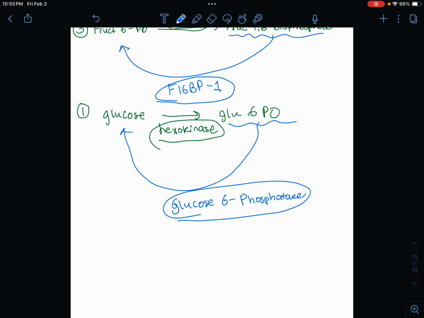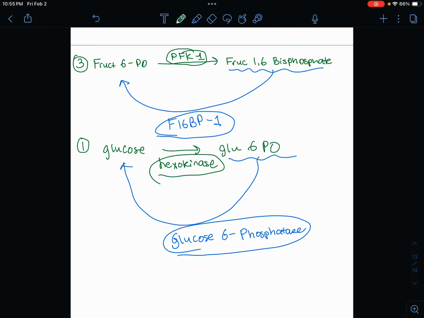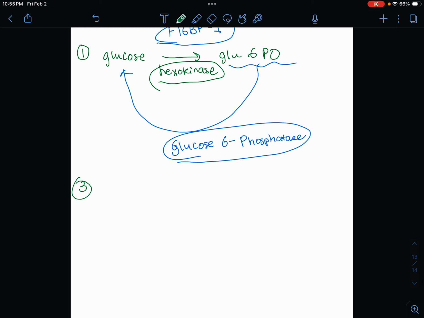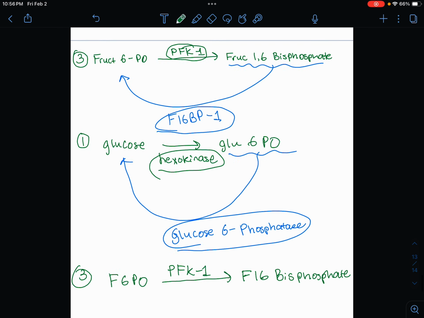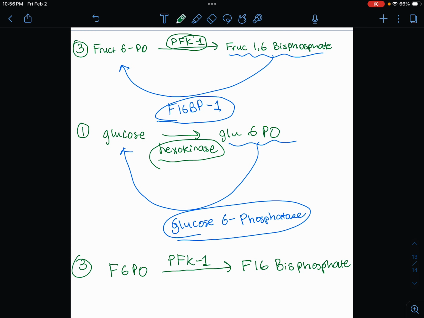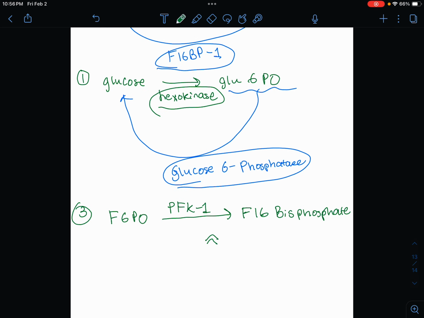There's, of course, that regulation step, again concerning step 3, like we were talking about in the glycolysis video. Step 3 has the fructose 6-phosphate go to fructose 1,6-bisphosphate using PFK1. And when we were talking about the regulation here, we also mentioned that if we had this molecule called fructose 2,6-bisphosphate, it would drive the reaction forward.